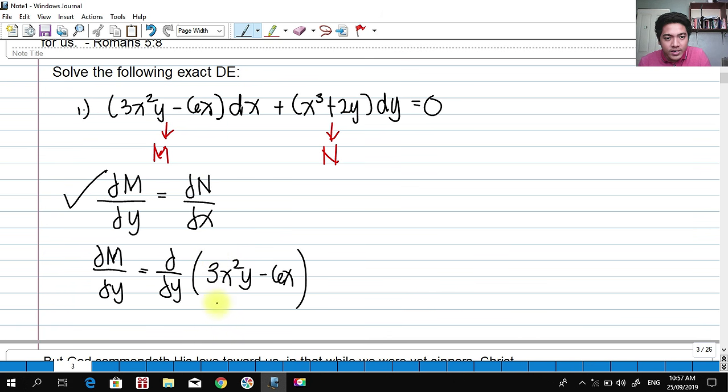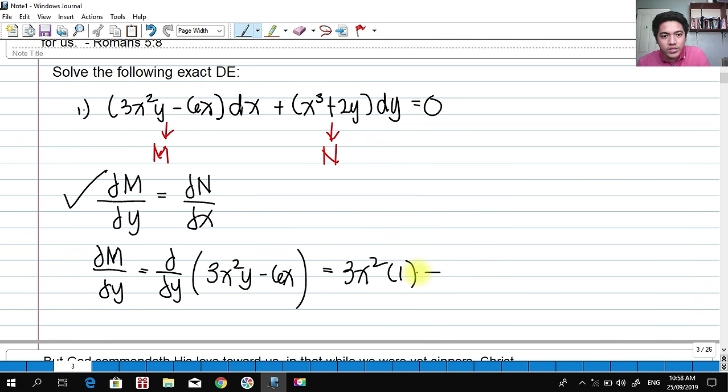So if we get the partial derivative of this M with respect to y, we will be treating x as constant because we are differentiating with respect to y. So 3x squared will be constant, and we differentiate y. The derivative of y in this case is 1, so this should be multiplied by 1.